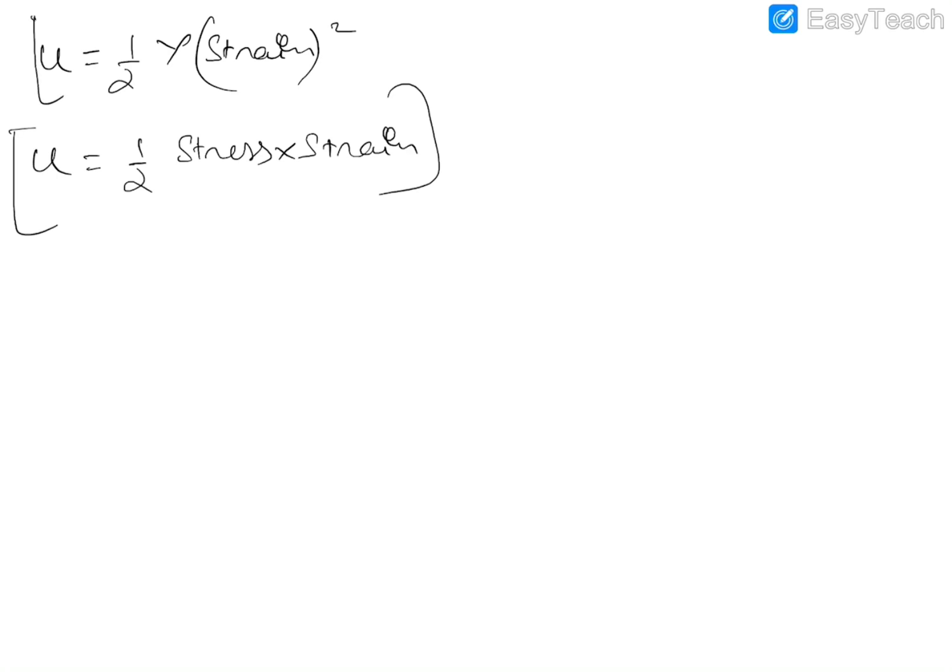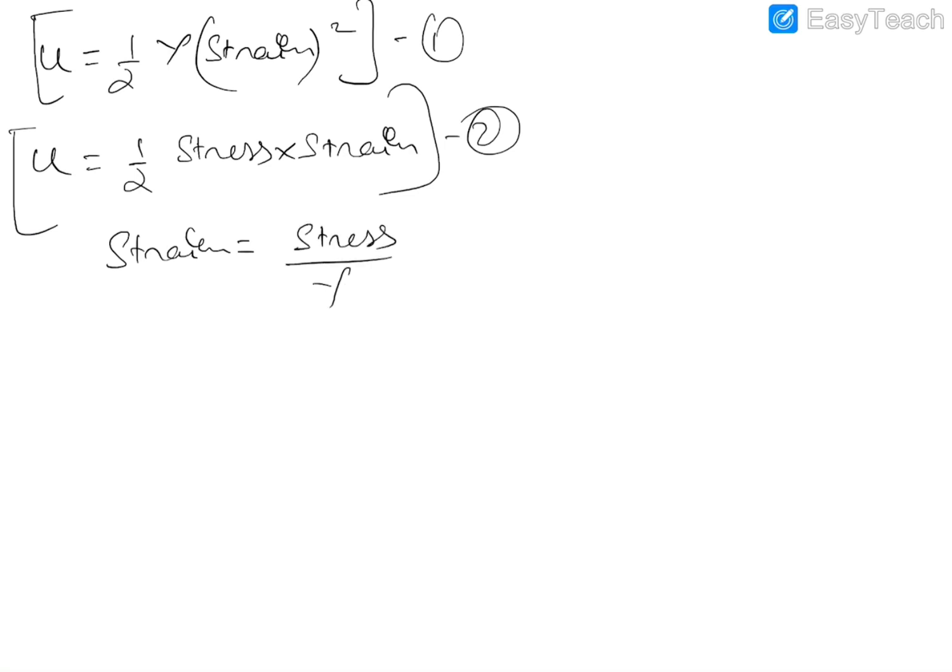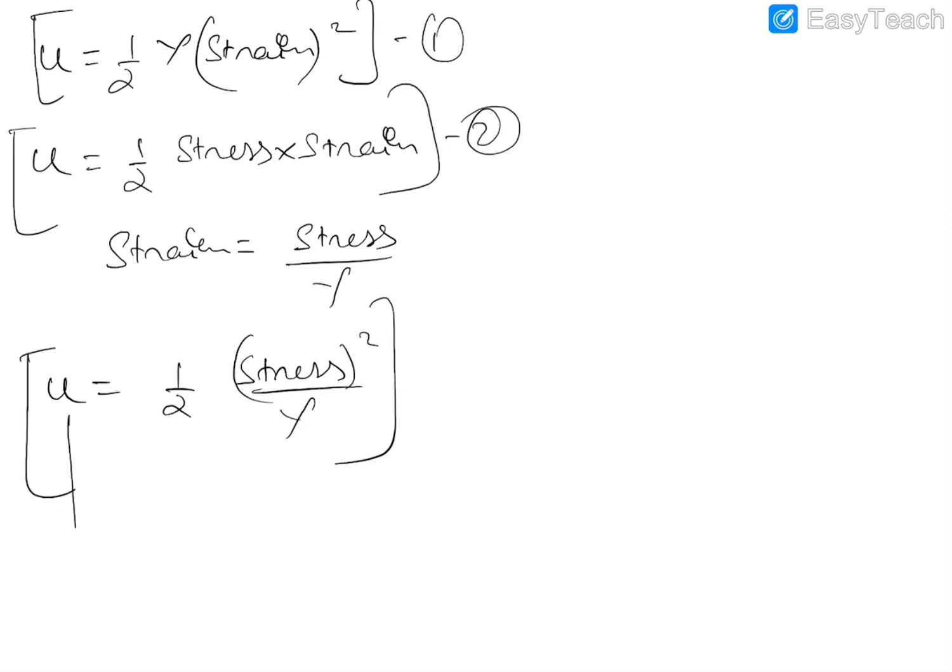This is form number 1, this is form number 2, and if we replace strain by stress upon gamma, then U will be equal to half stress square upon Young's modulus. Let me again remind you that this is not the energy, it is energy per unit volume of wire, which is also called energy density.